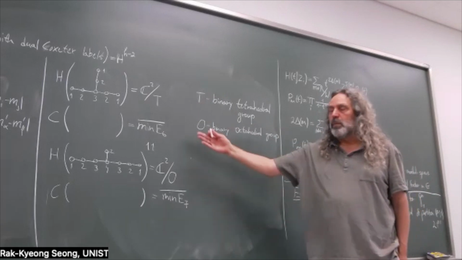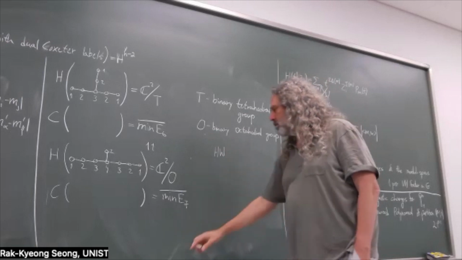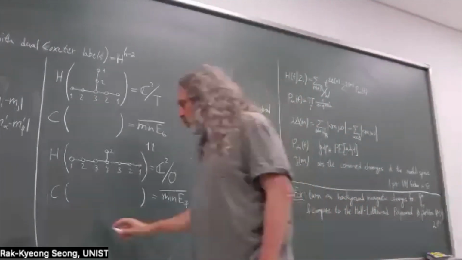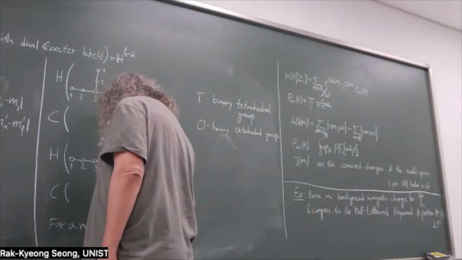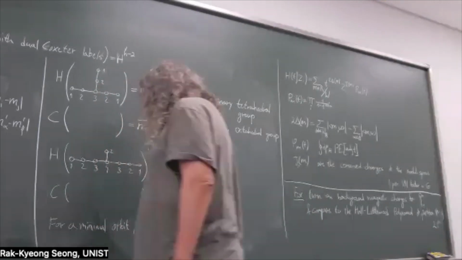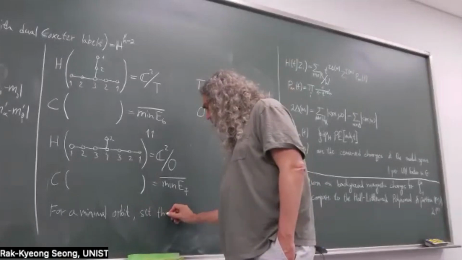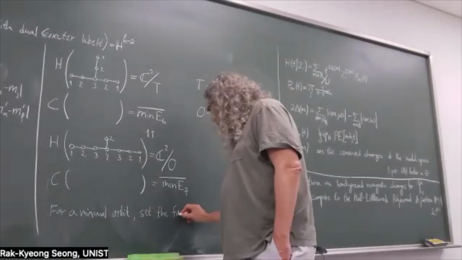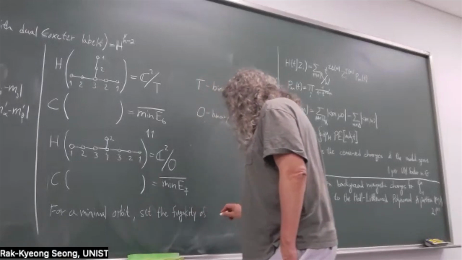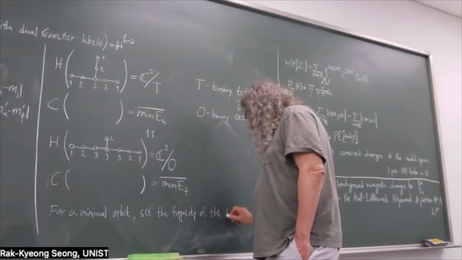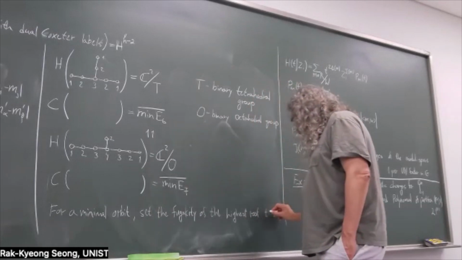Well, it's straightforward. This is a minimal nilpotent orbit. So the highest weight generating function for the minimal orbit: set the fugacity of the highest root to be mu.